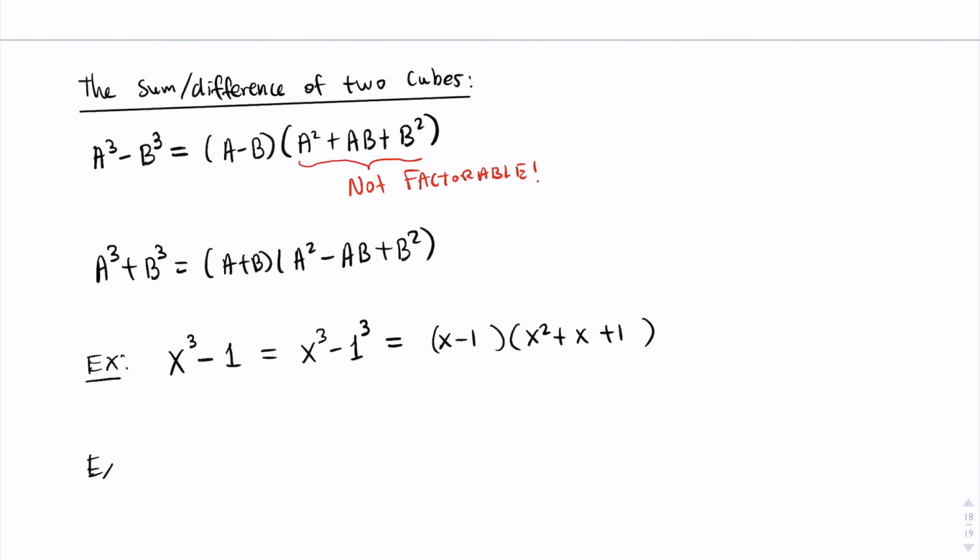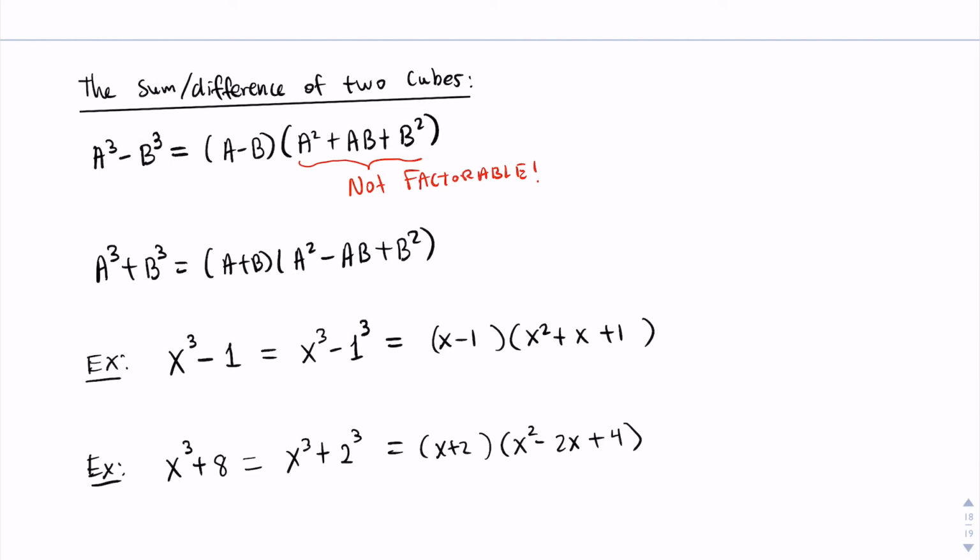Another example. Say you have x cubed plus 8, like this one. You can write this as x cubed plus 2 cubed, because 8 is 2 to the third power, right? So what is this going to be? x plus 2 times x squared minus 2x plus 2 squared, which is 4.